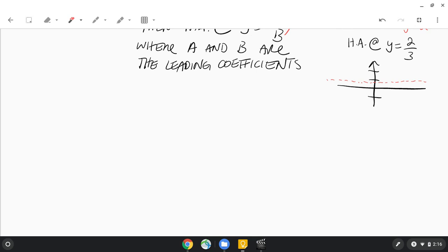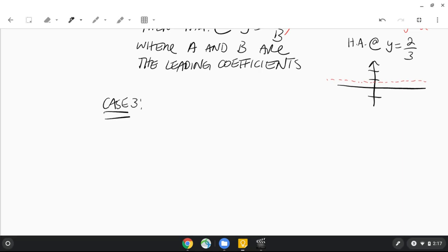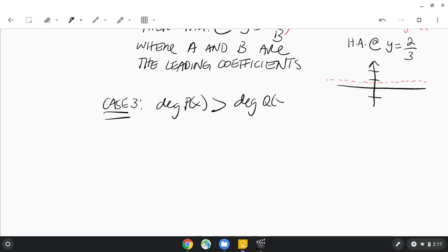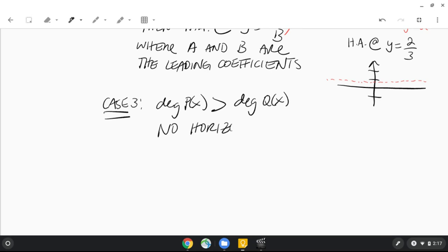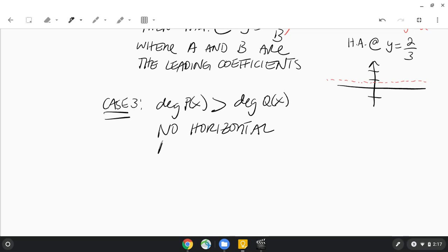Maybe we'll write that down here. So case 3, the degree of P of X is larger than the degree of Q. If that's the case, then there is no horizontal asymptote.